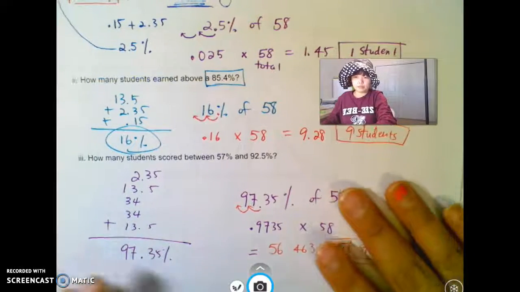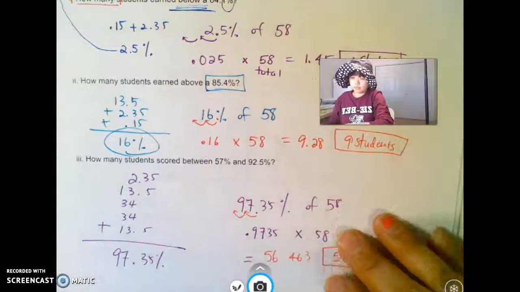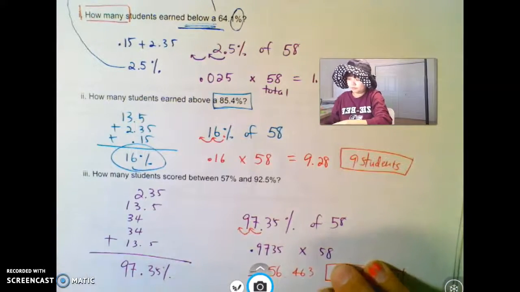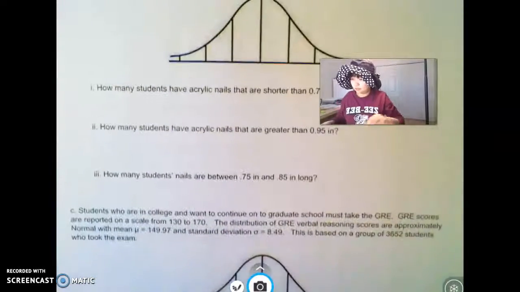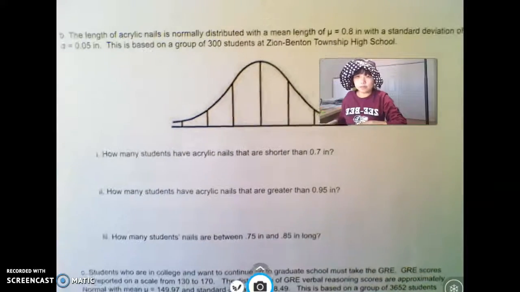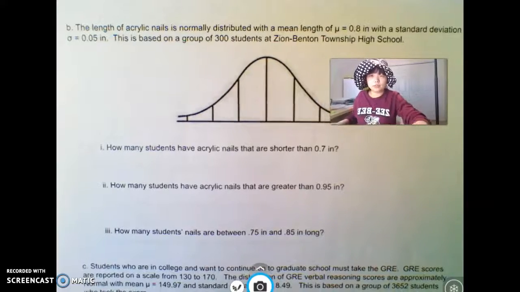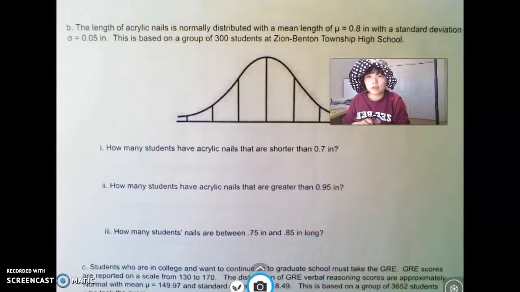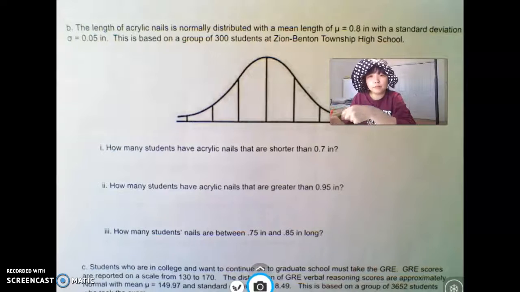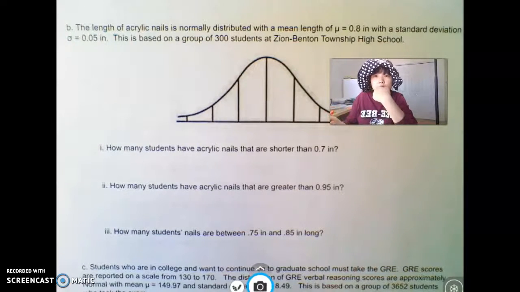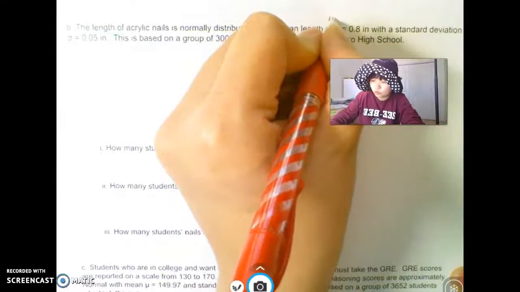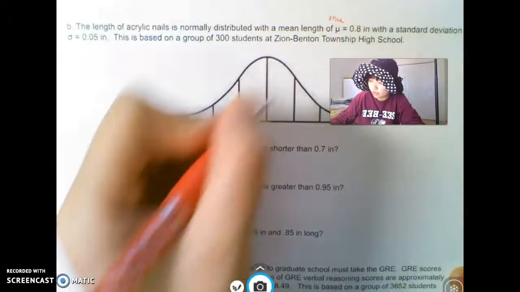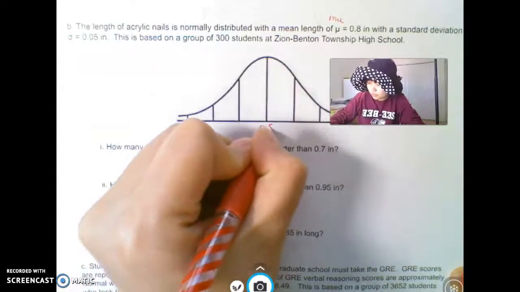Good? All right. I think we can do one more example. Letter B. The length of acrylic nails, which I don't have, is normally distributed with mean length of, so remember this U-looking letter is mu, and that's the mean, 0.8.